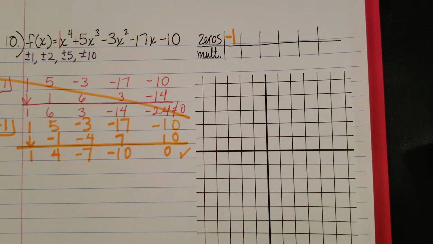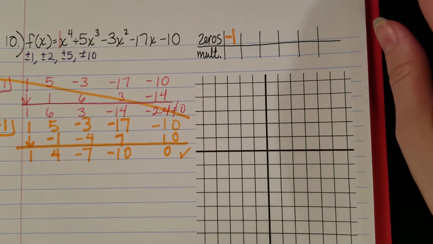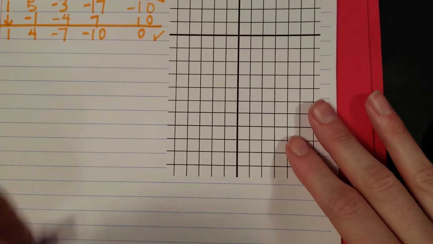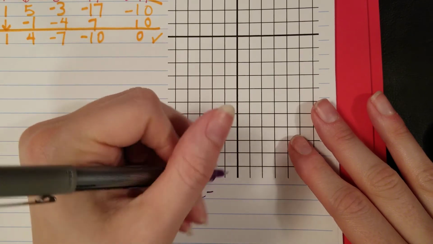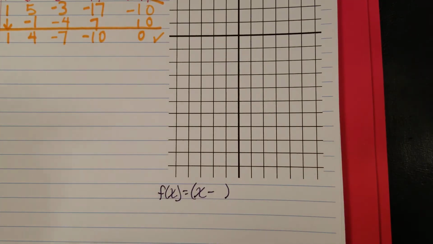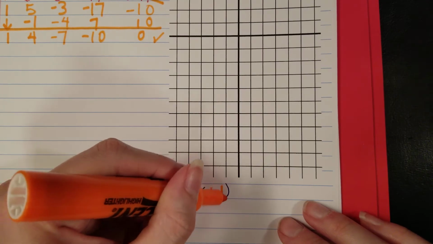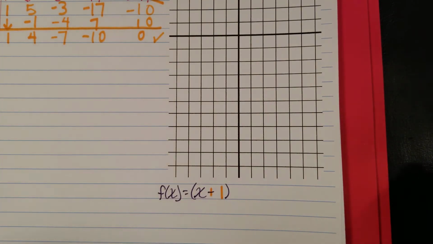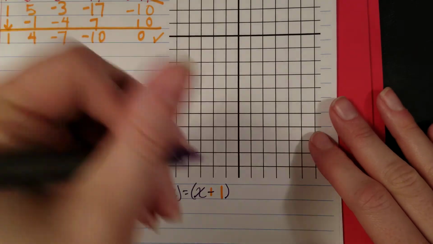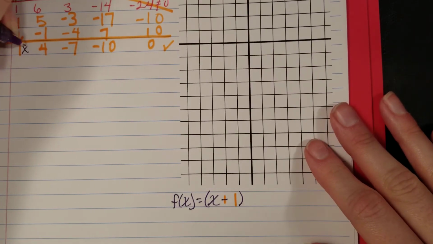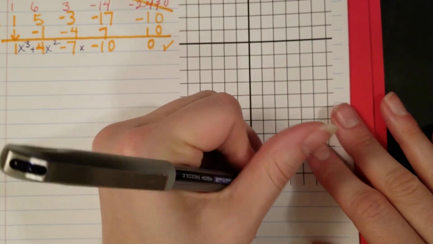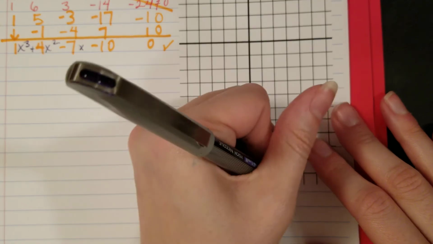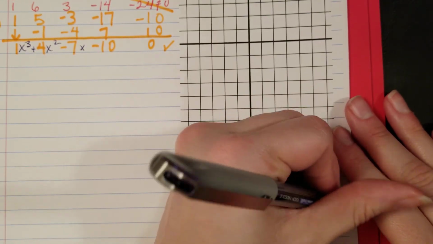Okay, so I'm going to go ahead and start writing down my factored form of the function down here. So I know f of x equals x minus negative 1, which is really x plus 1, and what I have left there is x to the third plus 4x squared minus 7x minus 10.